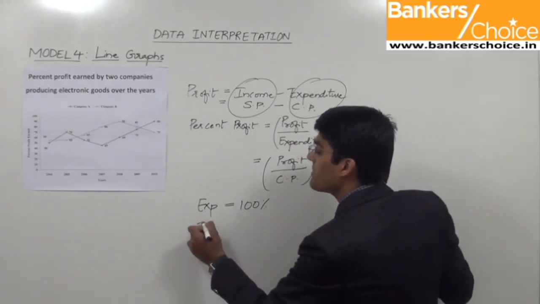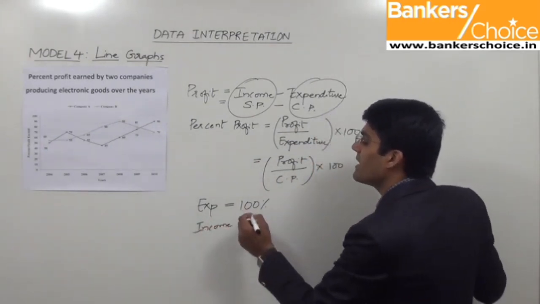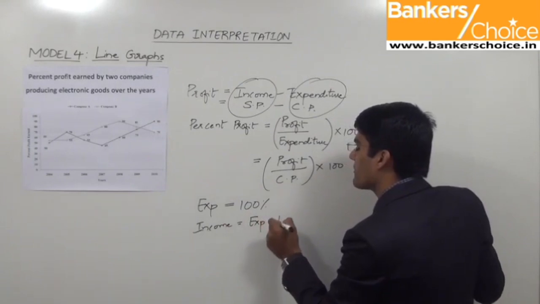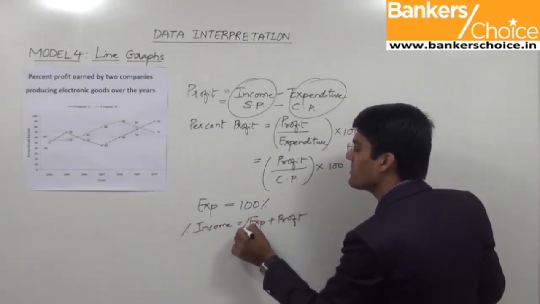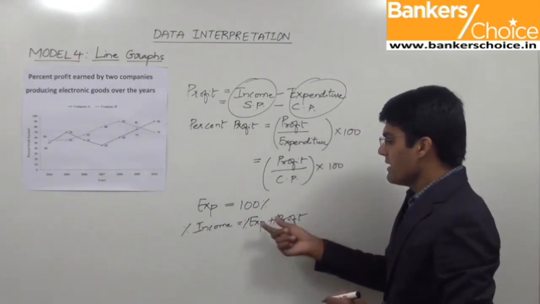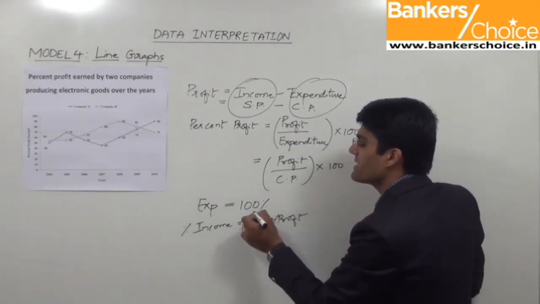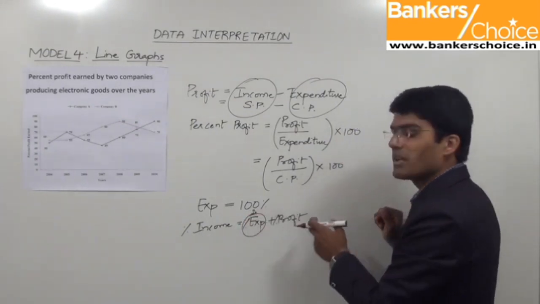And now the income, which is equal to selling price, can be taken as expenditure plus profit. So in terms of percentage, we can say that percentage of income will be percentage of expenditure plus percentage of profit. Let's say the expenditure in terms of percentage is 100. So percentage of income will be 100% plus profit percent.